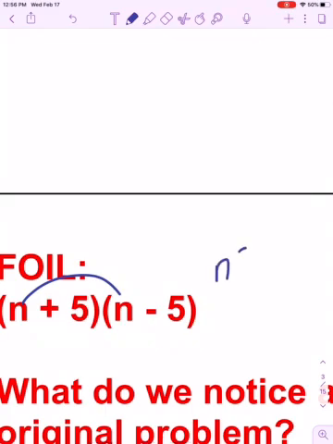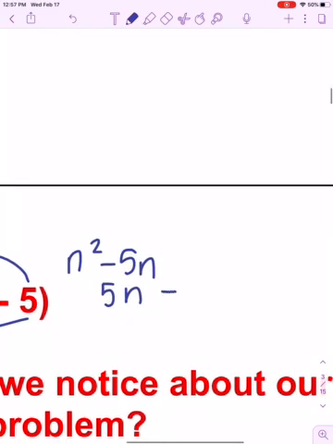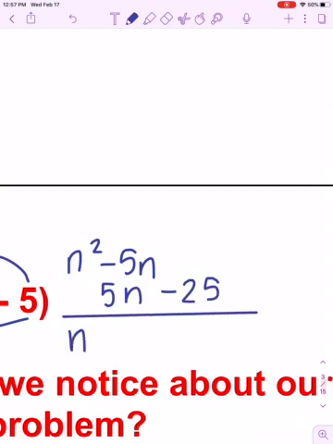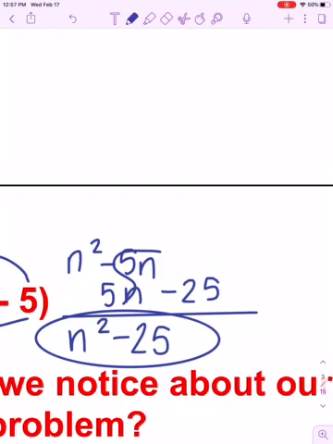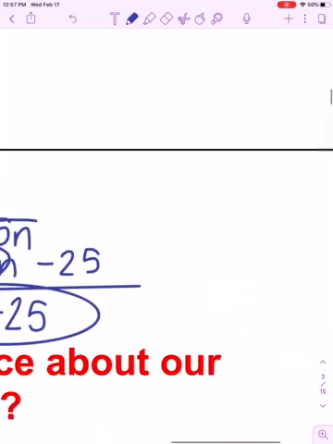If you FOIL this, n times n is n squared, n times -5 is -5n, 5 times n is a positive 5n, 5 times -5 is -25. N squared drops, the -5n plus 5n cancels, and you have a -25.